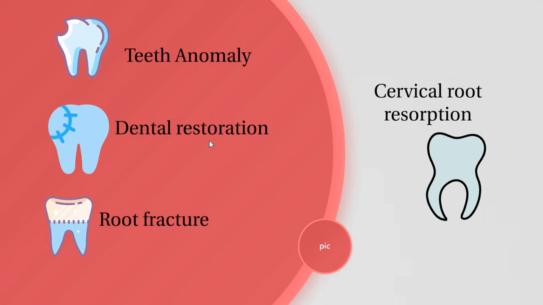We have ill-fitted restoration, which may affect the periodontium, especially in those that extend subgingivally. We have root fracture. In case of root fracture and root perforation due to endodontic therapy, these always associate with inflammation of the gingiva and sometimes pocket formation due to enhanced plaque accumulation.